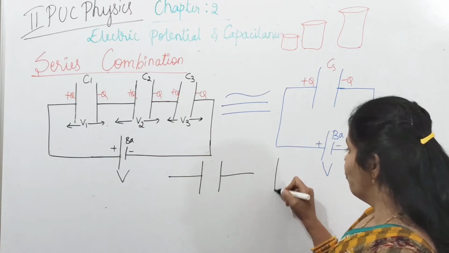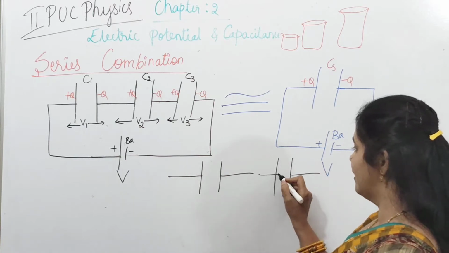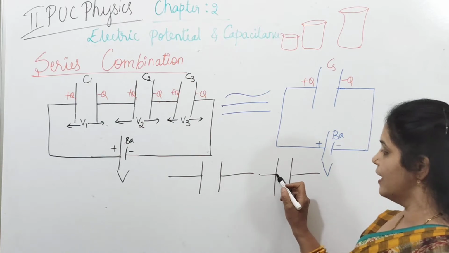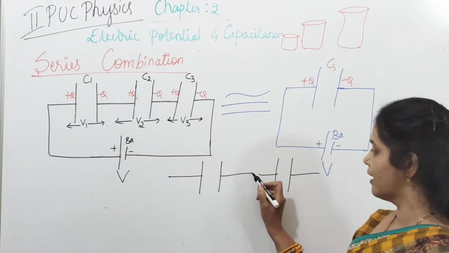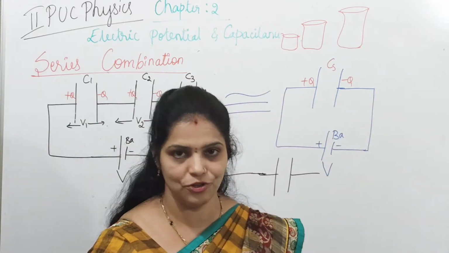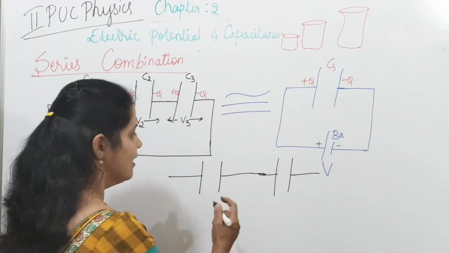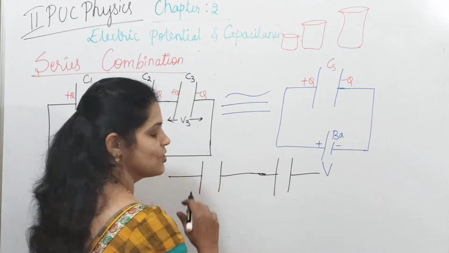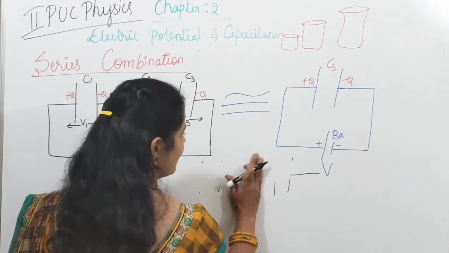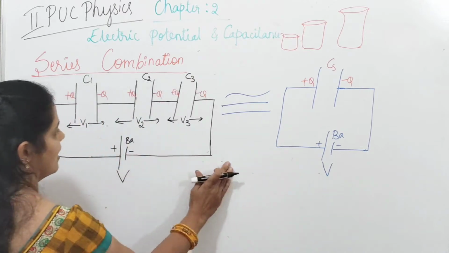If you connect one more capacitor such that the second end of the first capacitor and the first end of the second capacitor are joined like this by some wire, then this end-to-end connection is called a series connection.